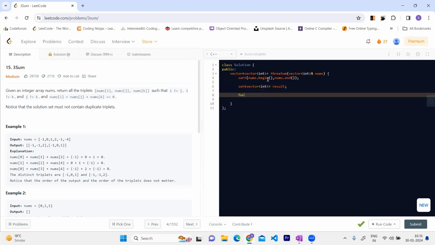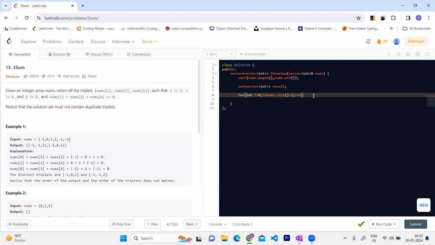Now we'll traverse over the array, fixing one element at a time. We need to keep in mind that we traverse until nums dot size minus 2. Why minus 2? Because we're going to need triplets, so at the end we'll require three elements.